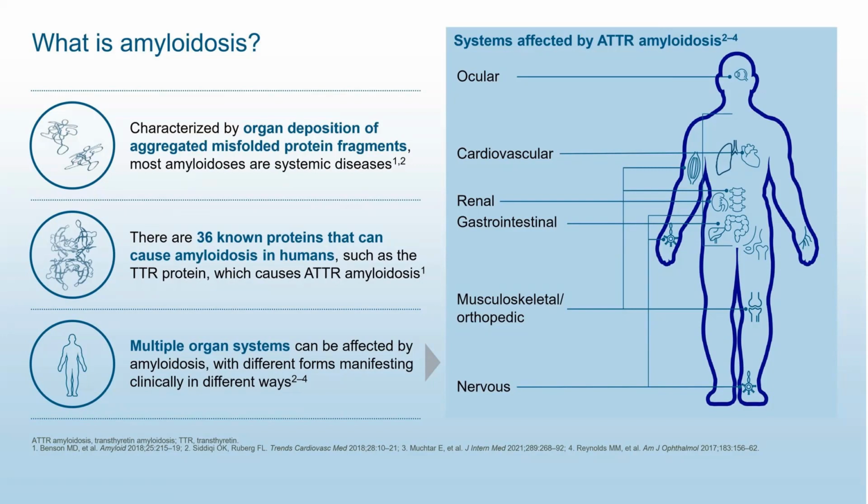This instability leads to the monomers detaching from the tetramer and circulating in the blood. Those monomers are then misfolded and aggregate together to form the amyloid fibril, which is deposited in the organs and causes the pathophysiological form of amyloidosis.